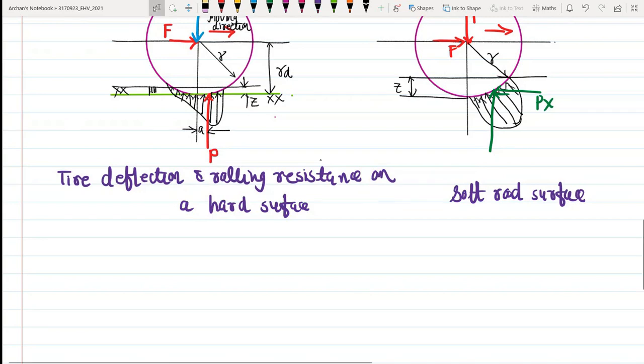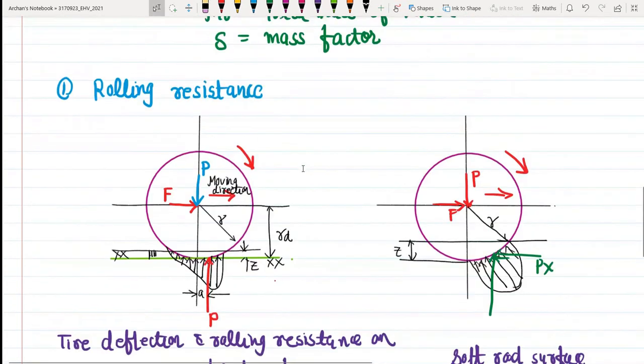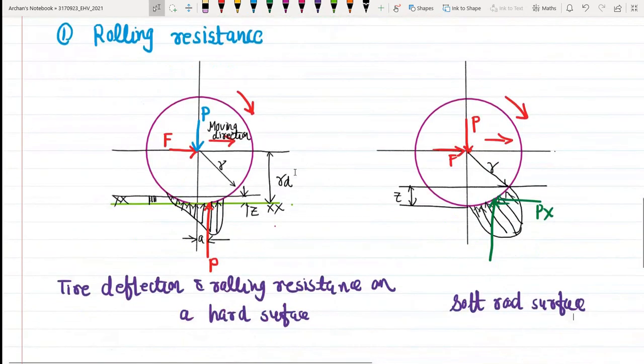So now we are clear, right? Whatever ground force is acting in these two different cases will be different. So ultimately we are experiencing some resistance, definitely. Whenever it is a hard surface, we will be experiencing the force in the leading half as well as the trailing half, while in case of a soft surface, the rolling resistance will be experienced by the leading half only.